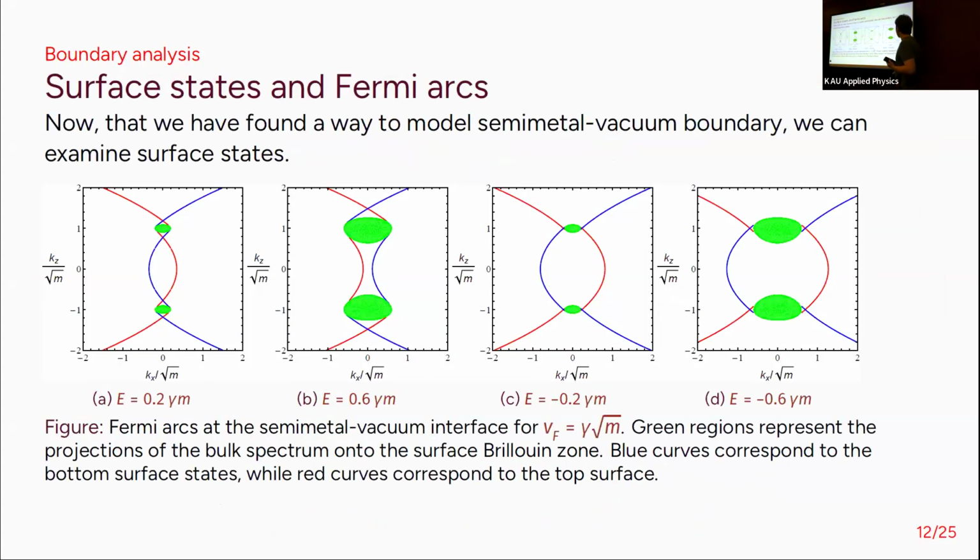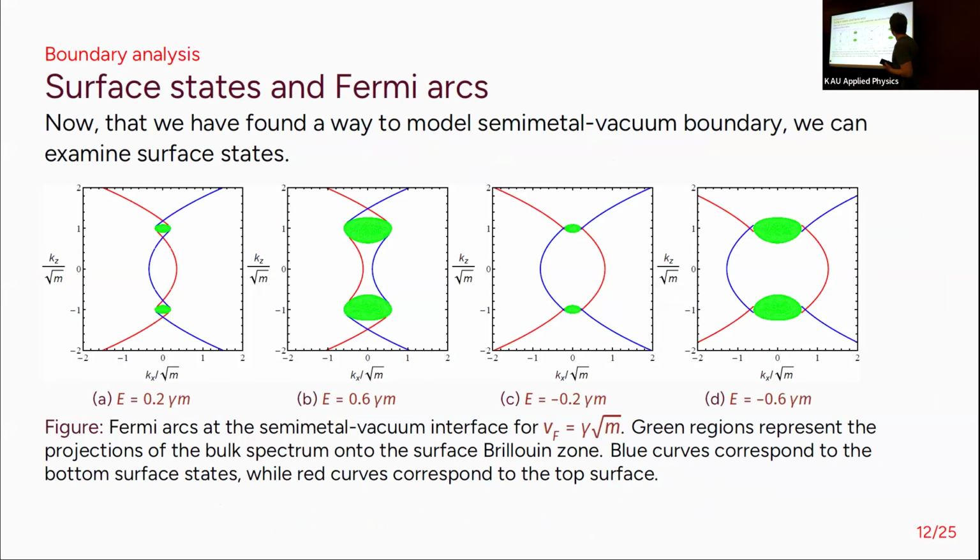So using new boundary conditions and our Hamiltonians, we can calculate Fermi arcs. Here you can see at these pictures that the green regions represent the projections of bulk states on the surface, and blue curves correspond to the bottom surface, and red curves correspond to the top surface.